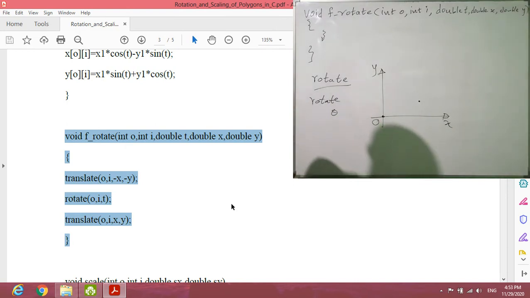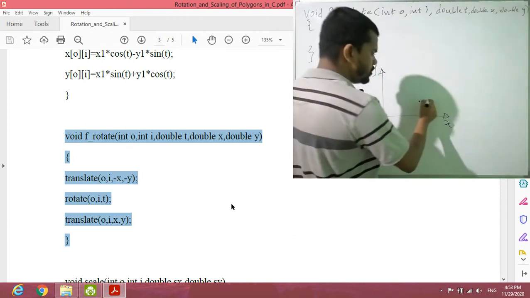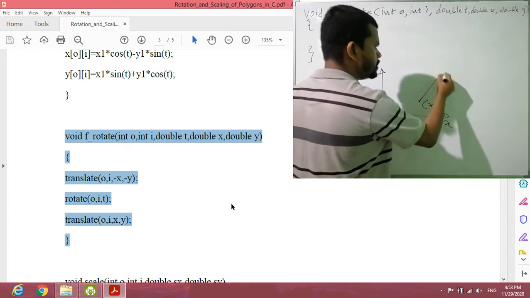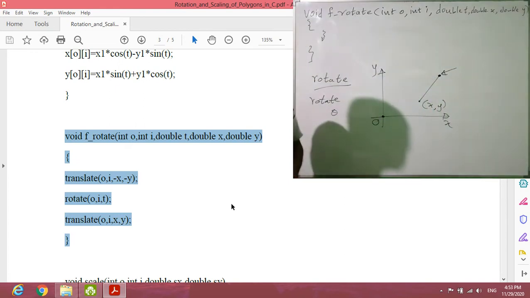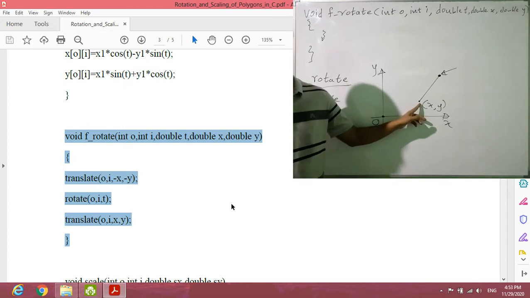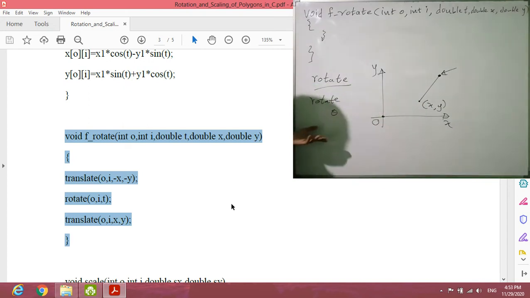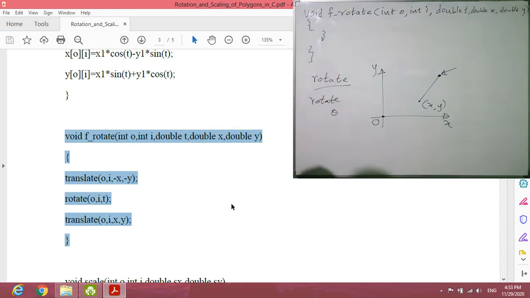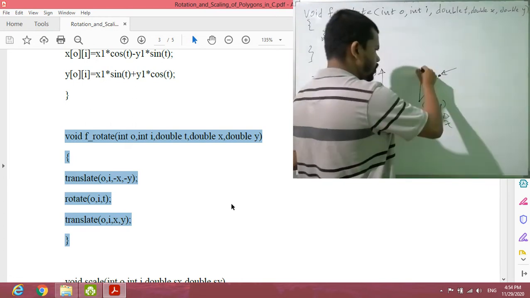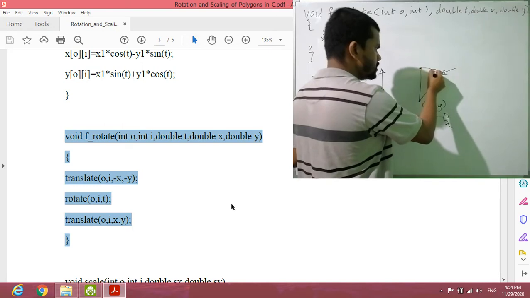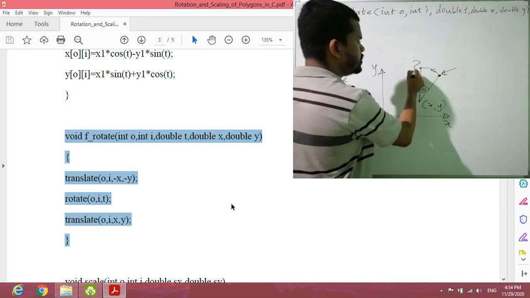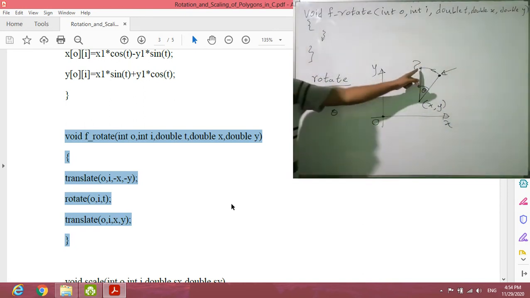Now let's say not the origin, but around this particular point we have to rotate another point. This point we want to rotate around this particular point by an angle of theta. Here we have used t, because in C programming we do not have theta. Now we want to find the coordinates of this particular point.